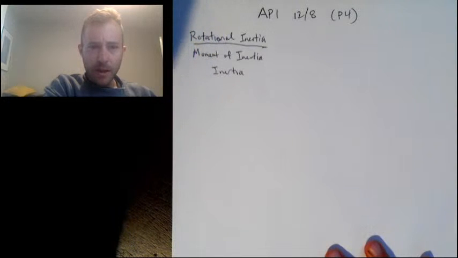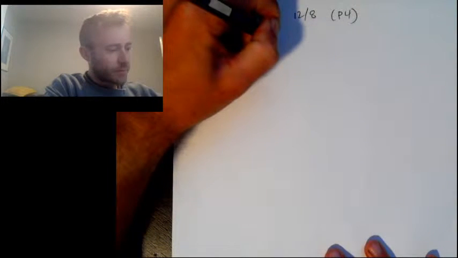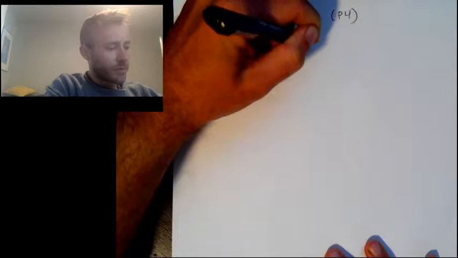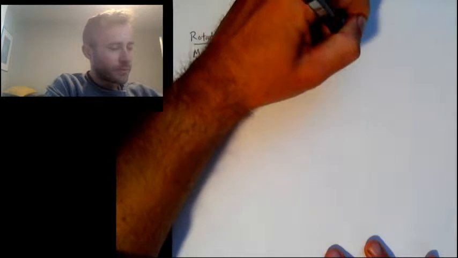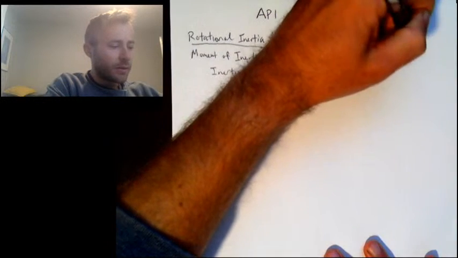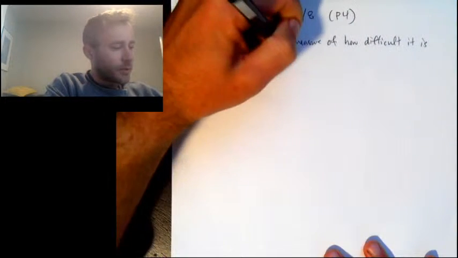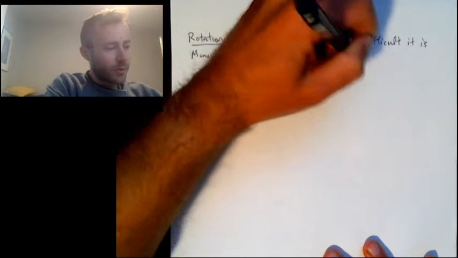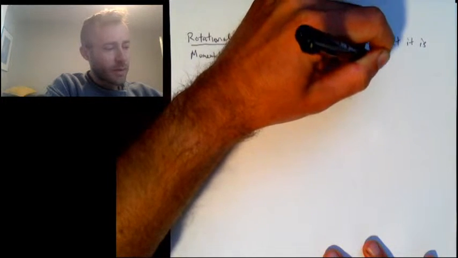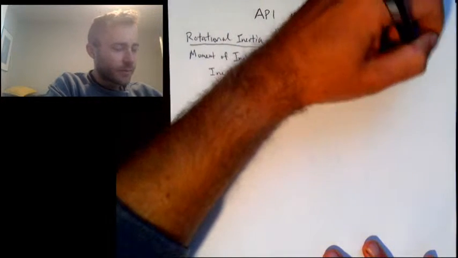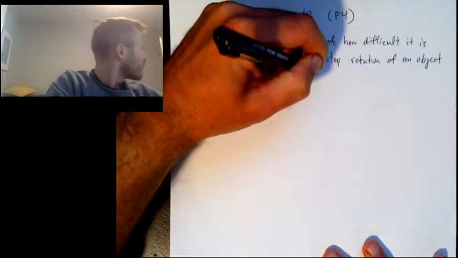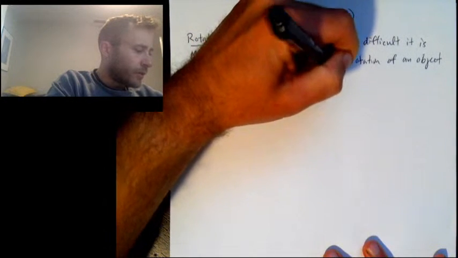Okay, and it is a measure of how difficult it is to start or stop the rotation of an object. And this is in the absence of friction.